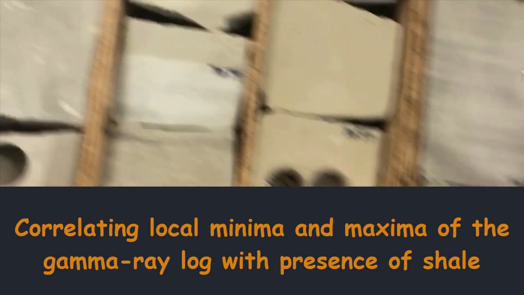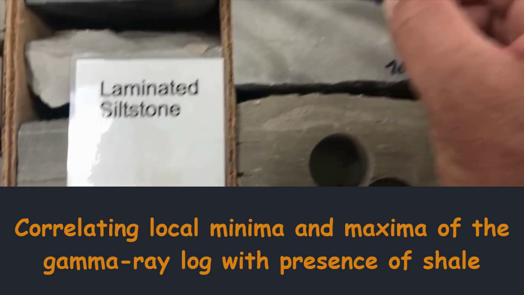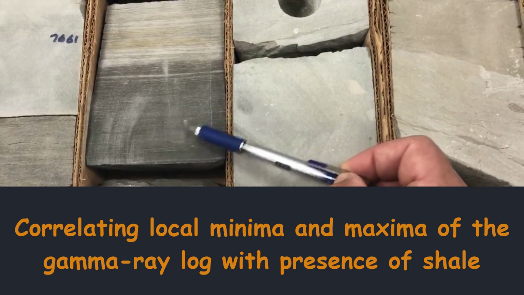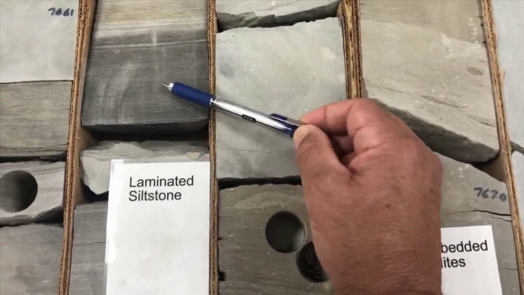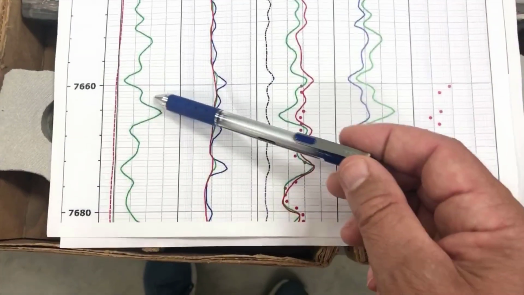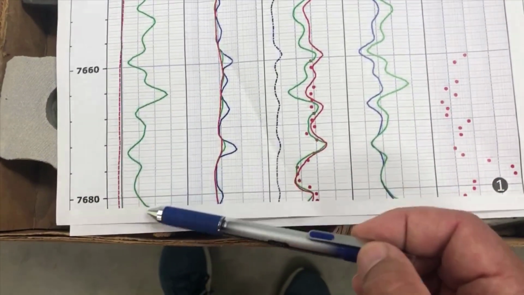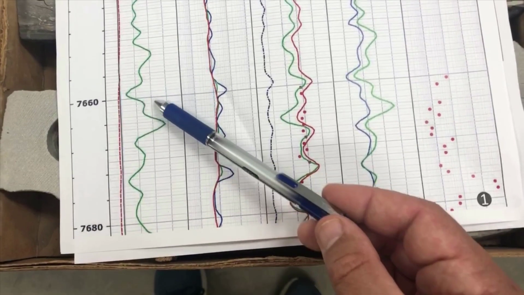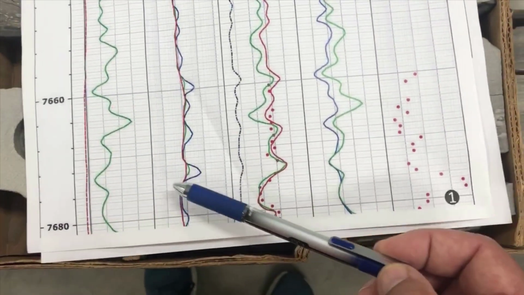And that segment is this segment over here where we see a considerable amount of shell. That's where we see the local maximum. So you can see how the cyclicity that goes between local minima and local maxima of gamma ray correlates extremely well with the volumetric concentration of shell in these laminations.